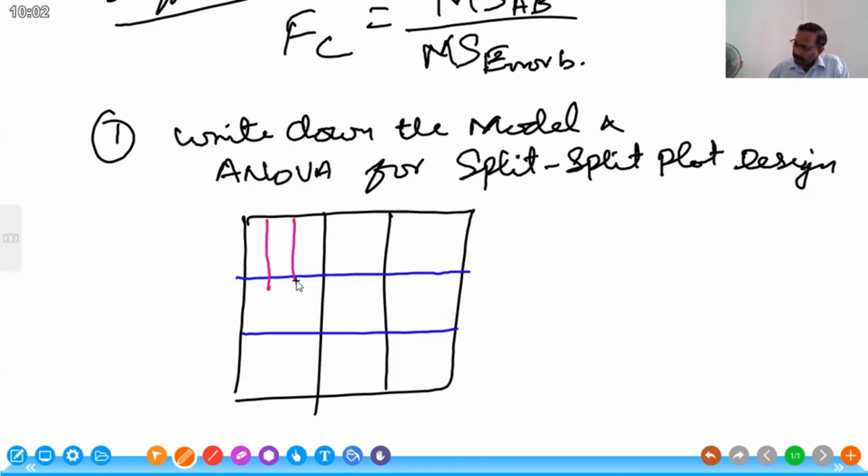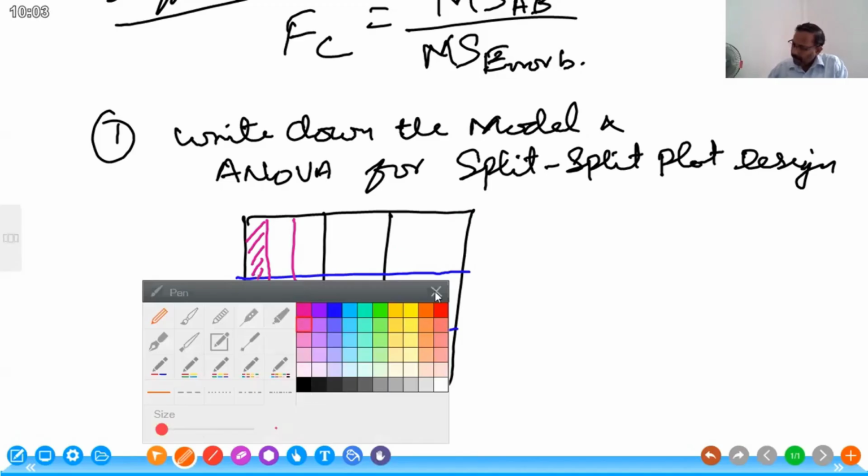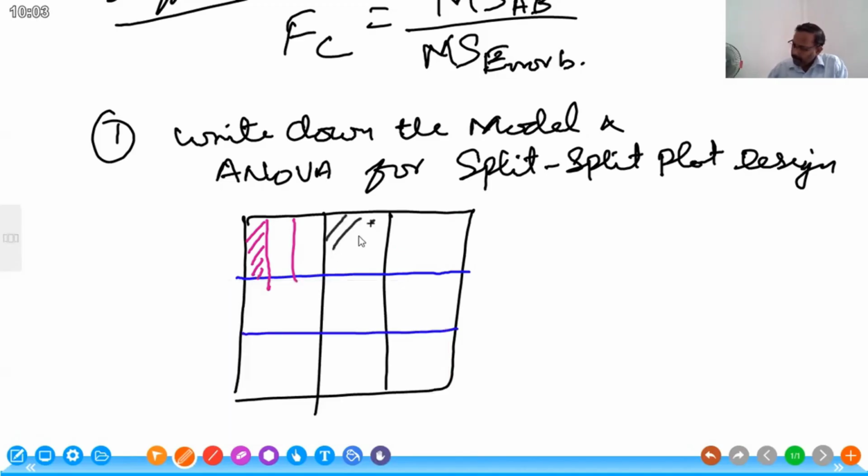For example, look at it. The black color plots are one plot size, very small. It is the sub-subplot. The other plot size is the second one, the medium size, called a subplot.